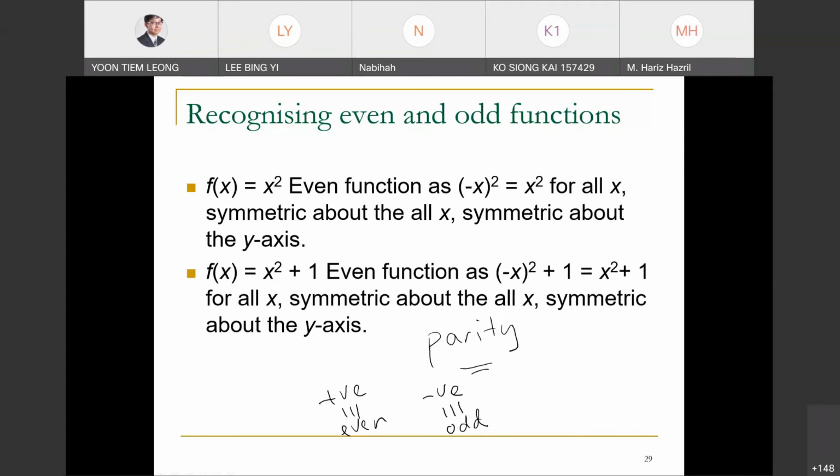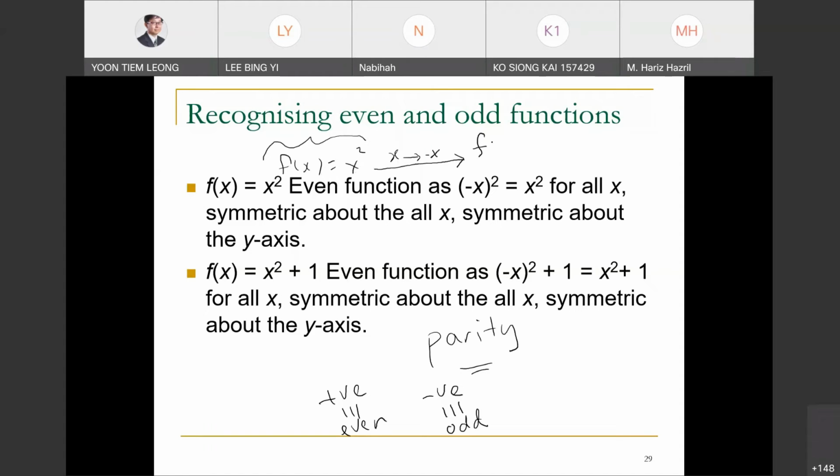So a simple example is this, right? When you have a function f of x equals x squared, in order to say whether it has positive or negative parity, what you do is that for all values of x in the expression on the right-hand side, you just reverse the sign. Whenever you see an x in this formula, you put a negative sign on it.